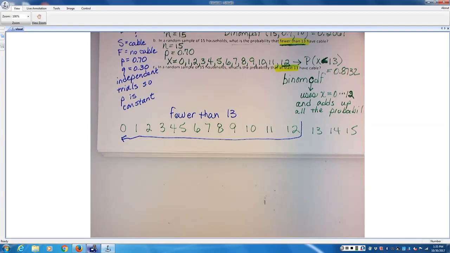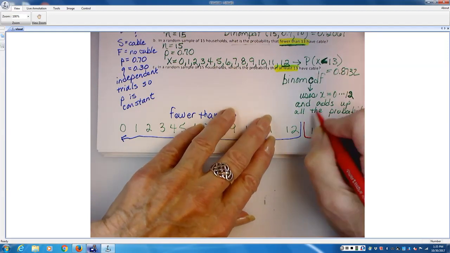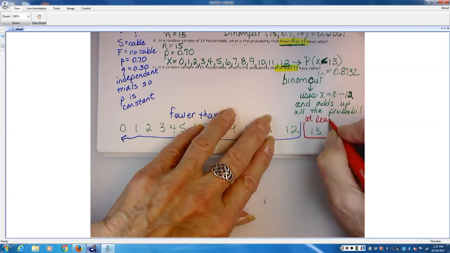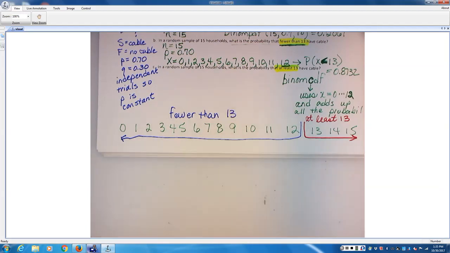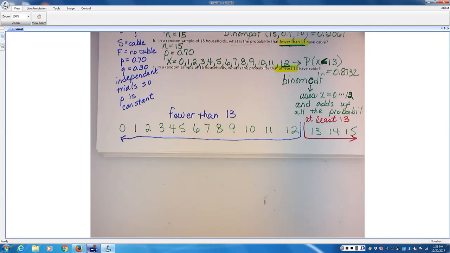At least 13 is all of those. What do you call this and this in statistics language? What's the definition of a complement? Either the sun rises or it doesn't. The probability the sun rises plus the probability the sun doesn't rise is 100% because it's either or, but the sun doesn't rise is the complement of it does rise.